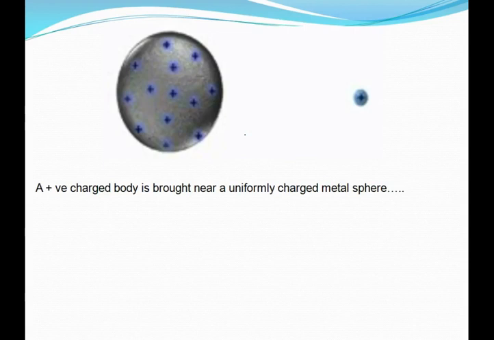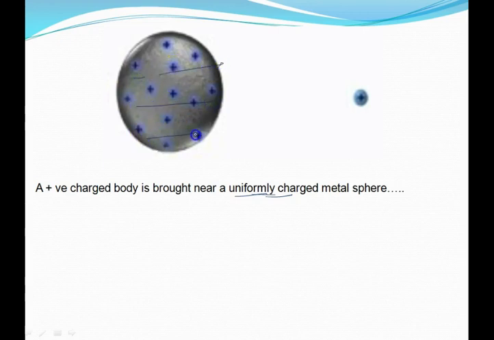Okay, a positively charged body is brought near a uniformly charged metallic sphere. Now suppose I bring a positive charge here. Here it is a uniformly charged sphere, as visible to you. It means charge density is uniform everywhere. As I bring the positively charged body near to it, what will happen? All of you are intelligent. Again, electrons will come from this side to this side, like this.